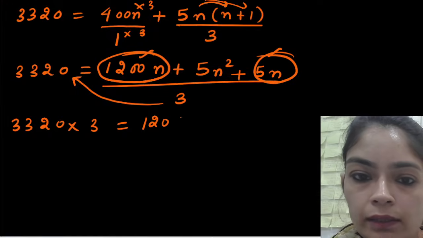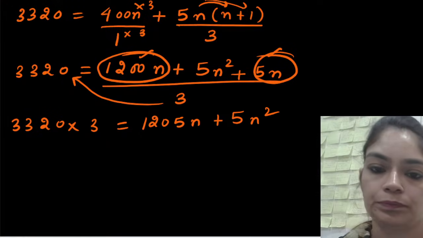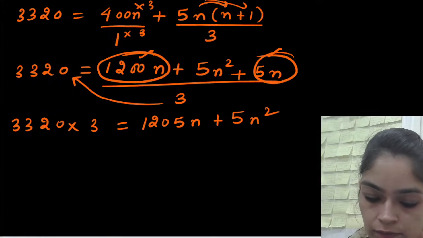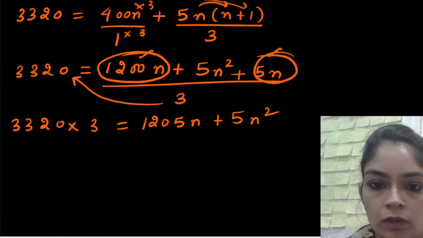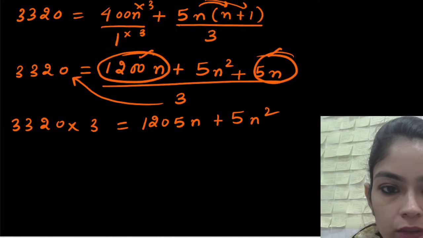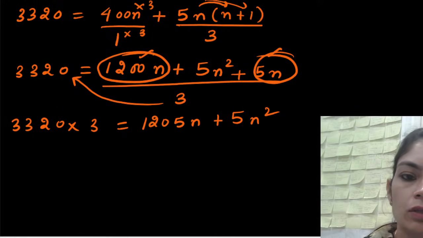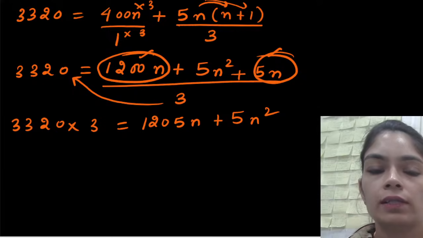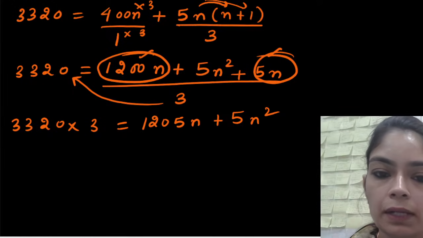I'll get 1205 plus 5N square. No doubts? 9960. Okay, so no need of actually multiplying because we have to make our calculations simple. So we'll not multiply.